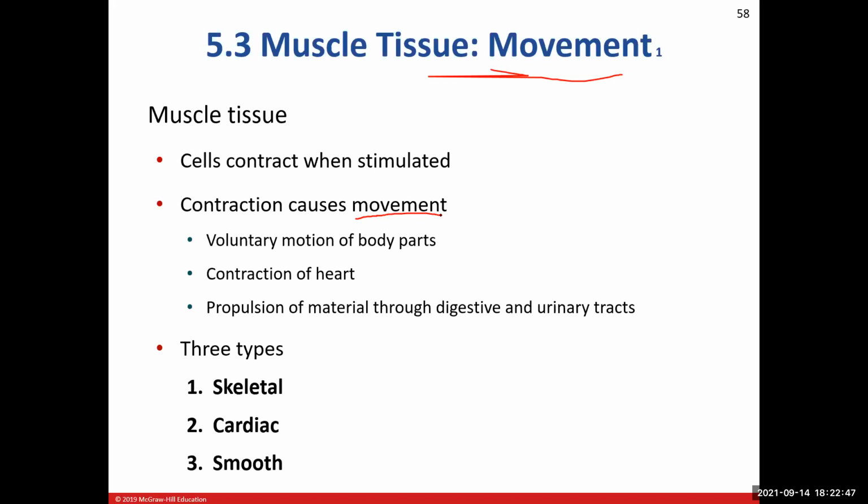Like the heart pumping blood. So that'll move blood through the cardiovascular system and throughout the heart, or our smooth muscle, which will move certain things through other systems, for example, the digestive and urinary systems, moving digested food and our urine through those systems. So there's three types: skeletal, cardiac, and smooth.